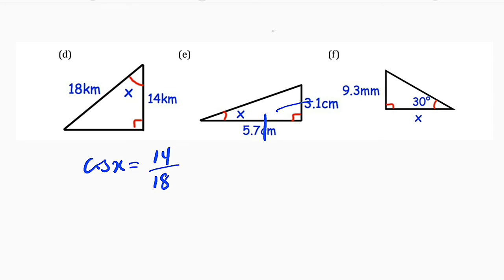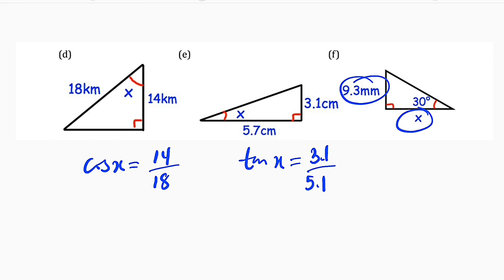This is opposite. This is adjacent. Use tangent. Tangent of x equal to opposite, which is 3.1, and adjacent is 5.1. Take tan inverse of both sides to find the value of x. And lastly, we have opposite and adjacent.